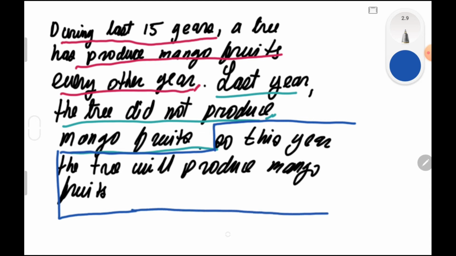So educated guess niya na this year the tree will produce mango fruits based on the sequence or repeated events of the last 15 years. Okay? So, ganito yung inductive reasoning. It will always base its answer, or its conclusion or its conjecture, from what happened in the past.